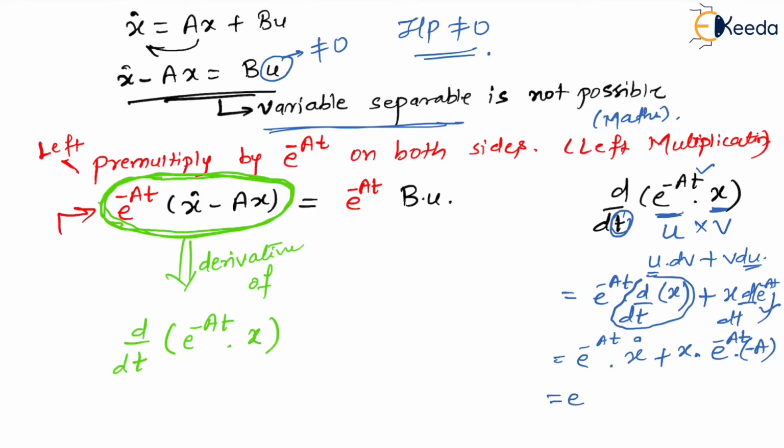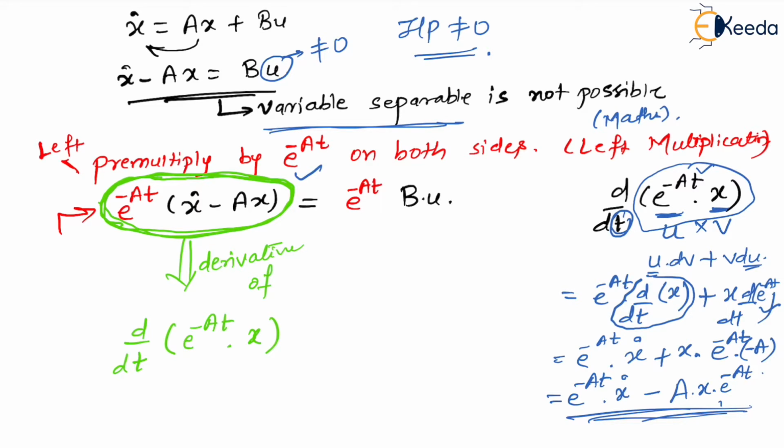So now this term becomes e to the power minus at into x dot, minus a times x into e to the power minus at, right? Is it the same? Yes, it is the same. Is this the same as this one? Yes, definitely. So I can say that it is a derivative of this term. That is what is written.